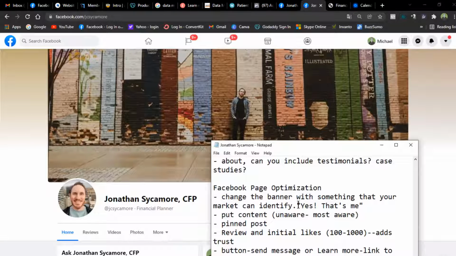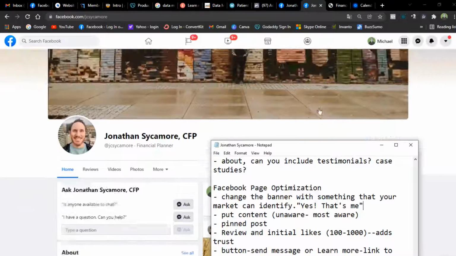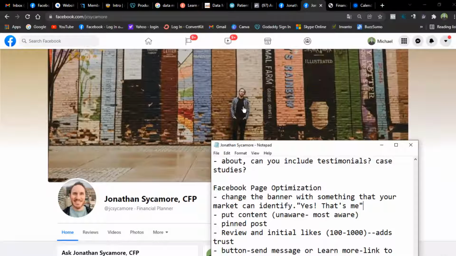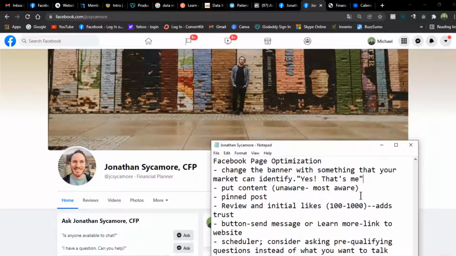And what you want is a statement, a quote, or anything that would allow them to say to themselves, yes, that's me. Why? Because that gives you a better chance of getting a like. They like your idea. Yes, I'm one with you on this one. And the more likes you get from the right people, the more Facebook will know who your target market is.